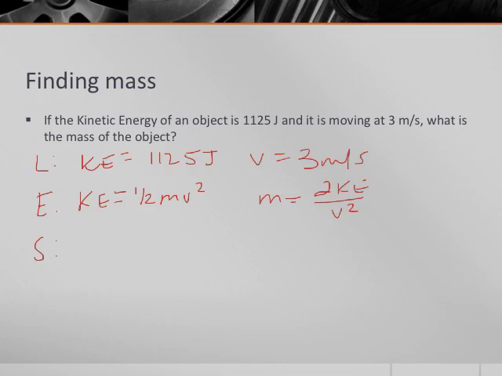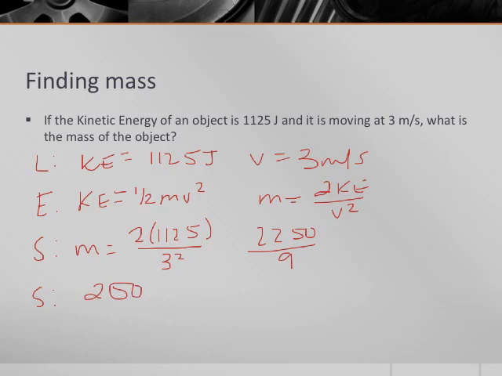If you substitute, m equals 2 times 1125 over 3 squared, which becomes 2250 divided by 9, which if you divide that out becomes 250, and our units will be kilograms. Okay?